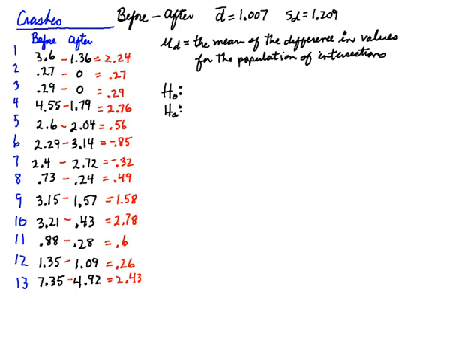The camera is helpful if it reduces the number of accidents. So the camera being helpful would make the after data less than the before, and so the difference, the average of those differences, would be greater than 0.